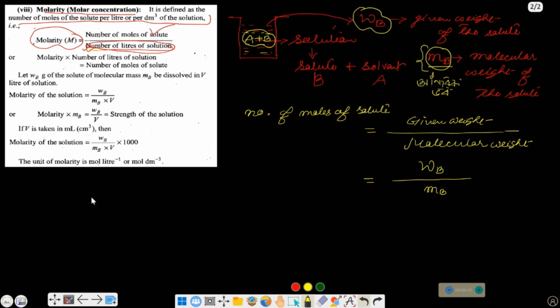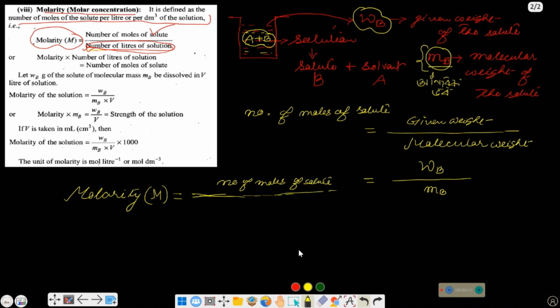So molarity is represented by capital M. It can be defined as the number of moles of solute divided by the number of liters of solution.